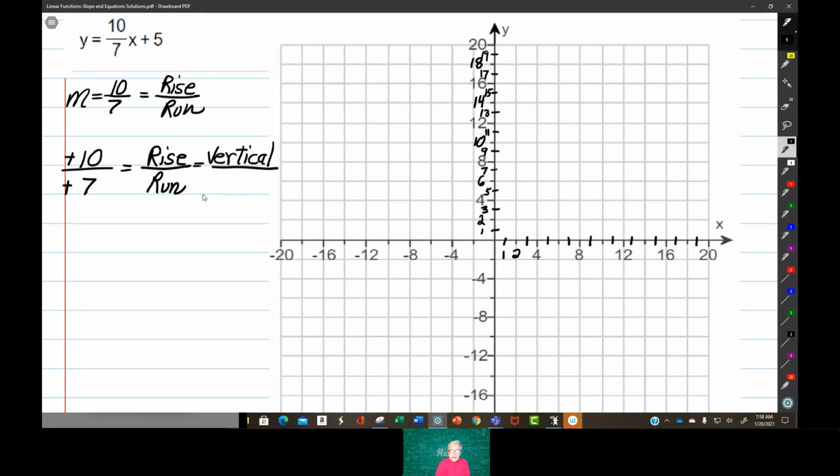Run is left or right. This is horizontal. Up here in the rise, plus means up, and minus means down.